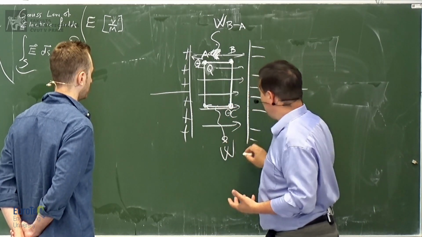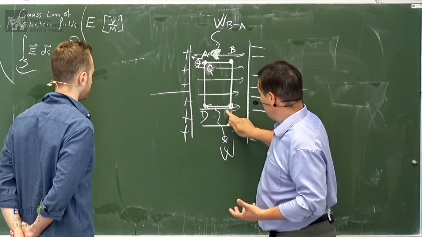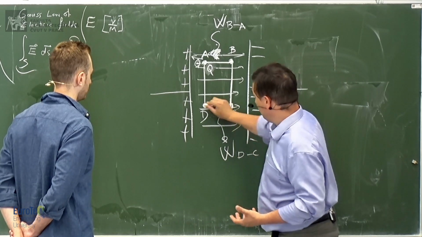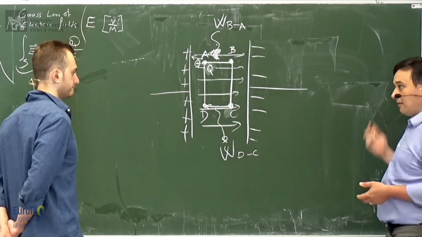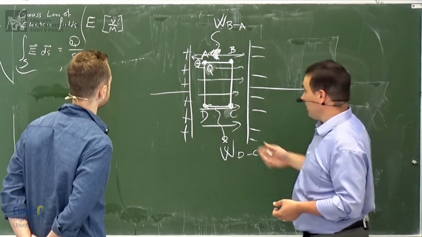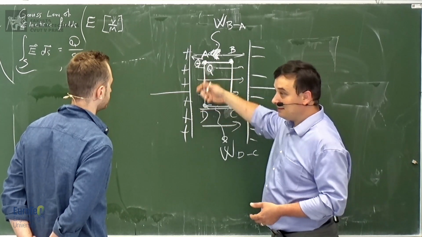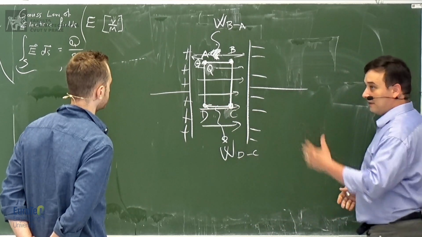The work is leaving when we go from C to D. And then, again, 0 when it moves here, it doesn't make any work, because you integrate the field and there is no distance. We don't get far from the positive side.